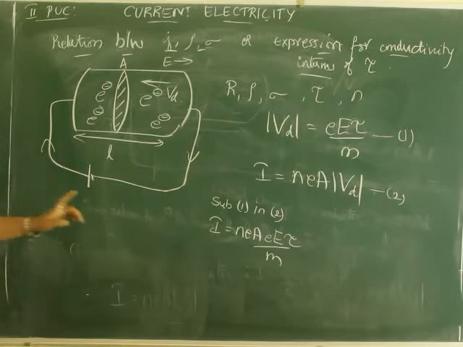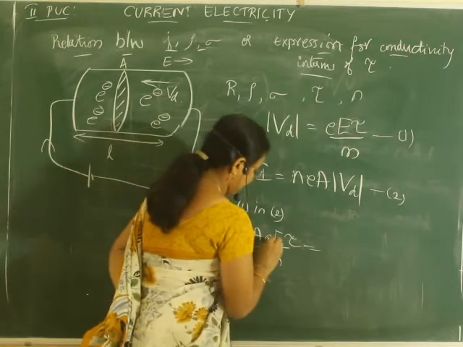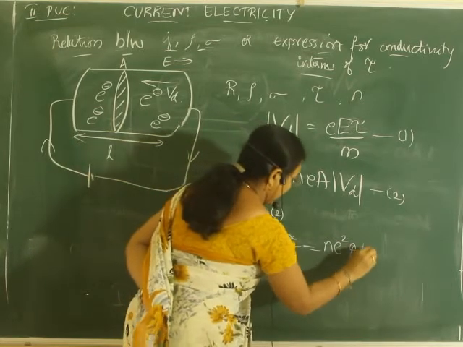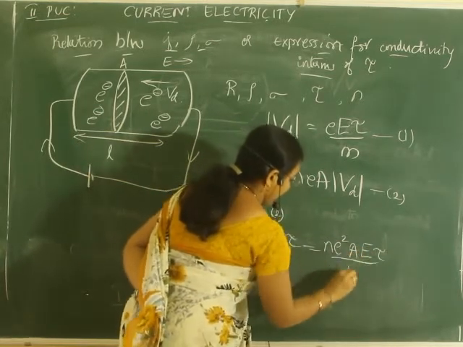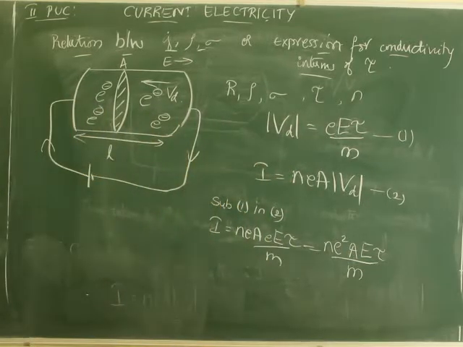Now listen. I = ne^2 A E tau/m. This is I. But the next question is, what is the relation between current density and current?